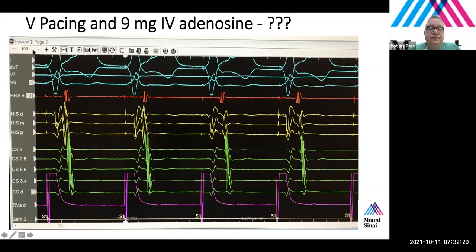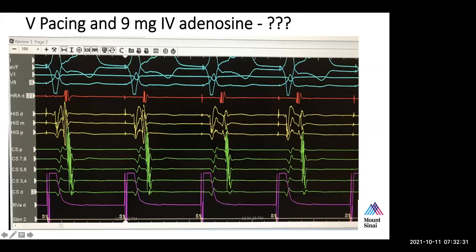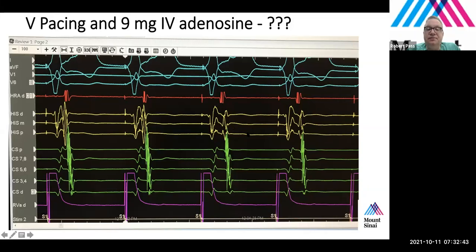That's how we see it in the first 2 ones. But in the third and the fourth one, we see it earlier in the high RA catheter. That's right. So that's a different pattern.